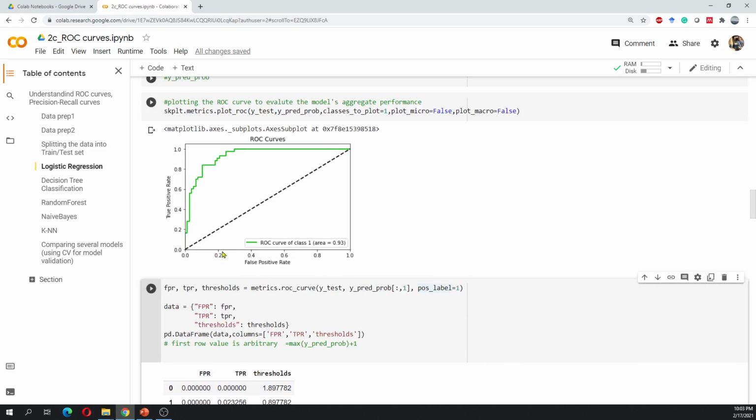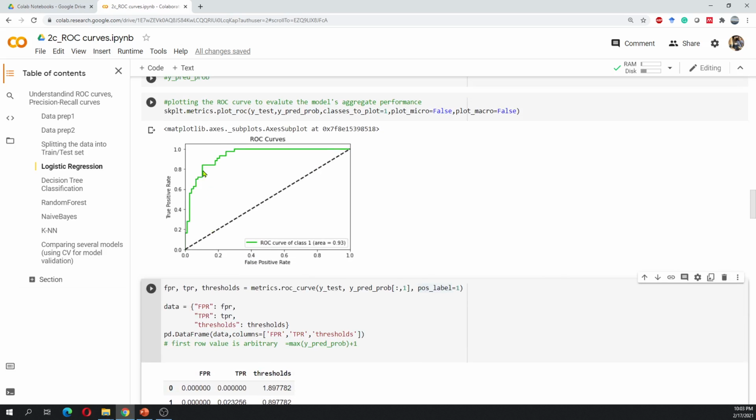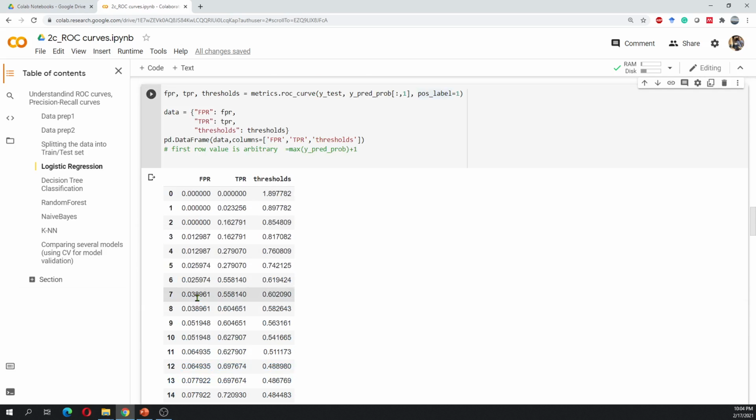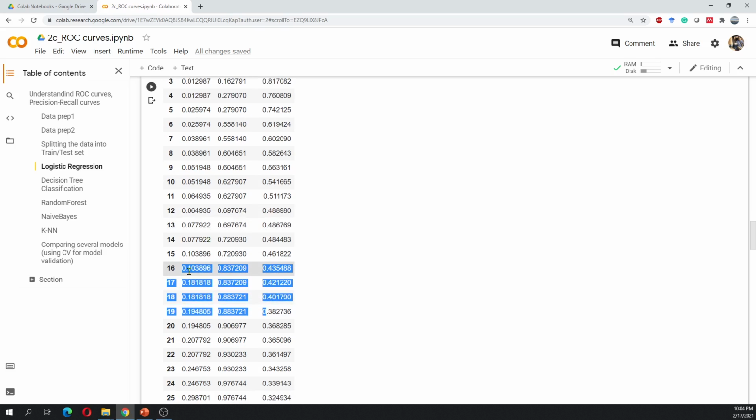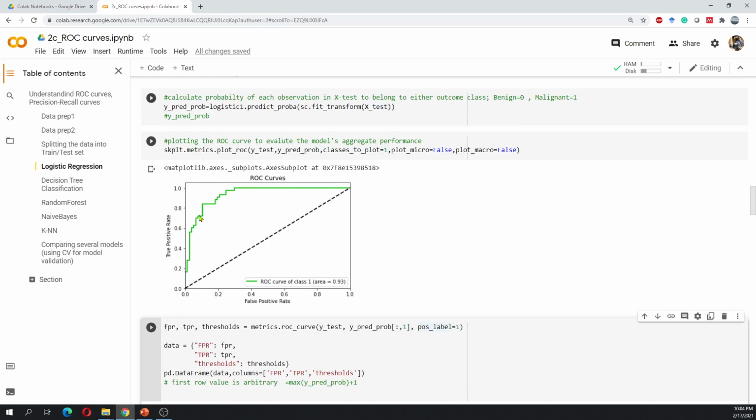And let's see, the false positive rate is merely 0.1, 0.118. So I would rather have a smaller false positive rate while having the same true positive rate.